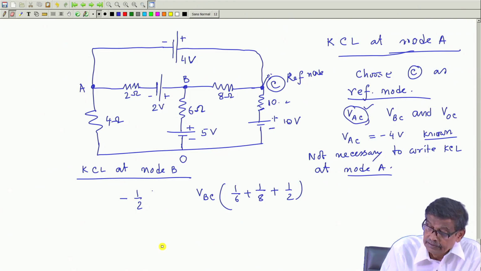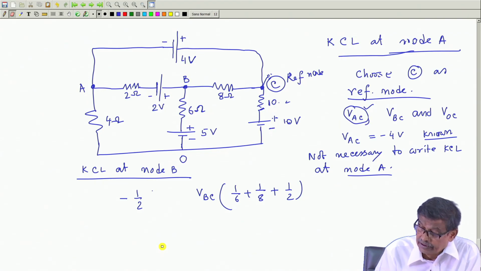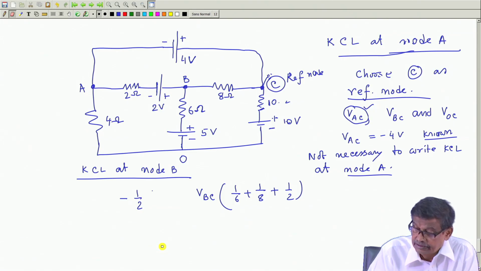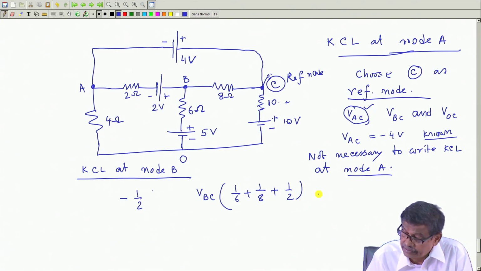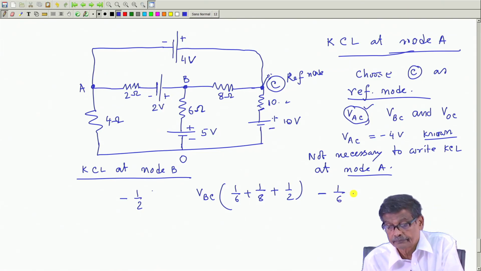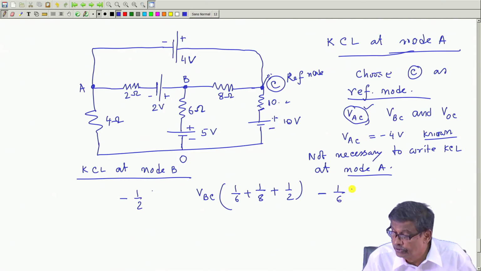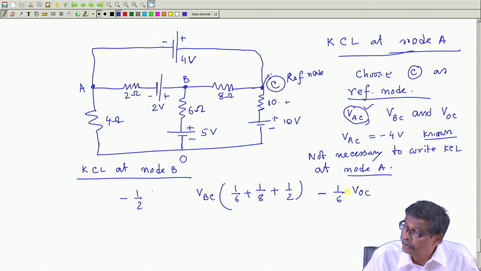So, VBC and the coefficient of VOC, got the point, this is minus 1 by 6 into VOC, because my unknowns are VBC and VOC.